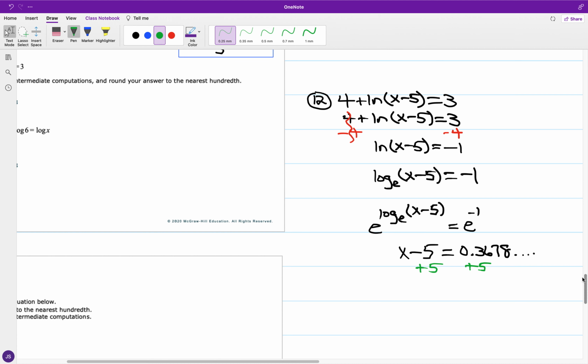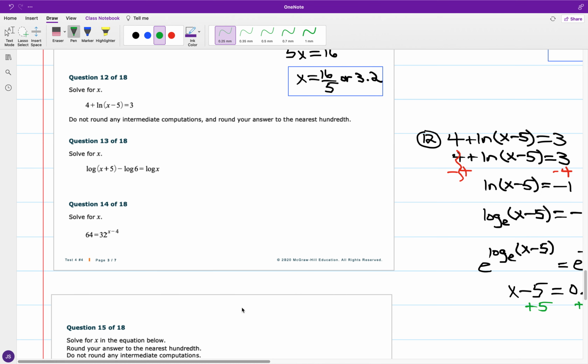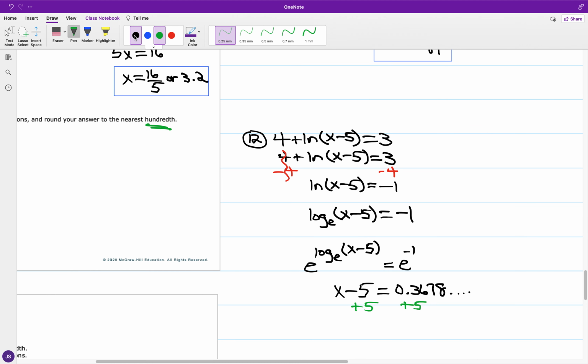And if I'm looking at adding 5 to both sides, before I get too far ahead, number 12 says to round your answer to the nearest hundredth. So that means we'll be rounding to the nearest 2 decimal places. In the case of x, it's going to be right at 5.3678.